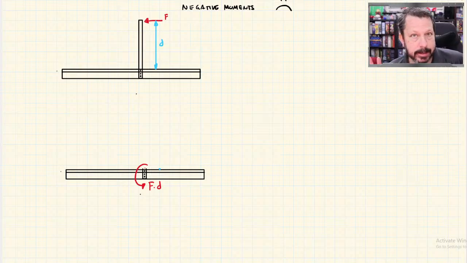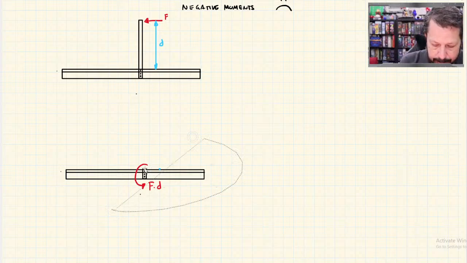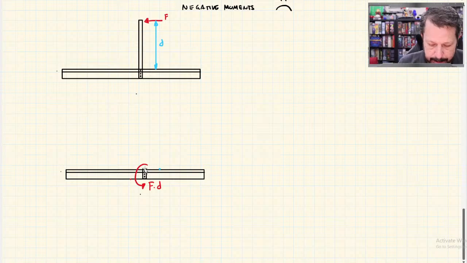So this concentrated external moment is representing something like that. Is it that exact scenario every time? No, but it's something like that.